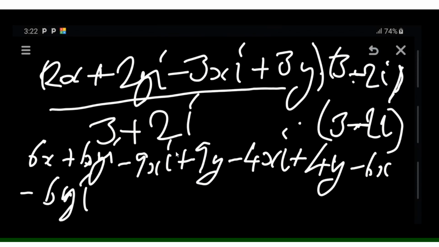So when we check here, we have a positive 6x and a negative 6x, so these are cancelling each other, and we have a positive 6yi and a minus 6yi, these are cancelling each other. And we check from here, we have a minus 4xi and minus 9xi, so these are adding up.